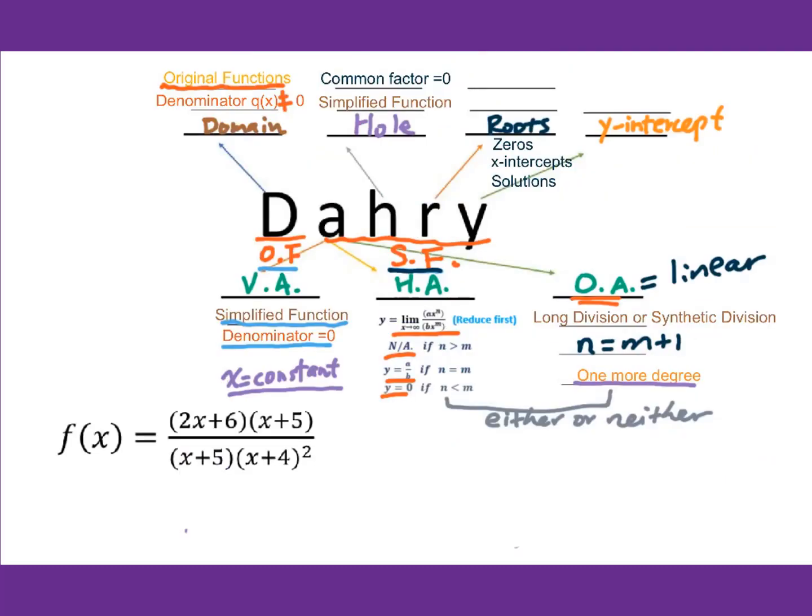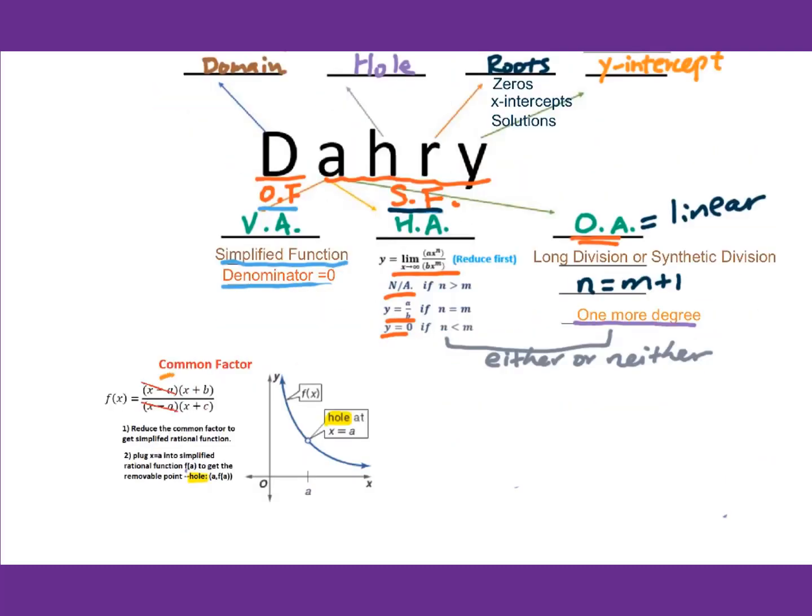Let's talk about holes. Common factor will be the keyword for the hole of rational functions. Reduce the common factor to get a simplified rational function. Then you set up the common factor equal to 0, and plug into the simplified rational function.